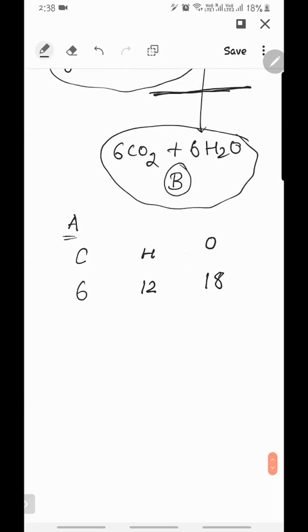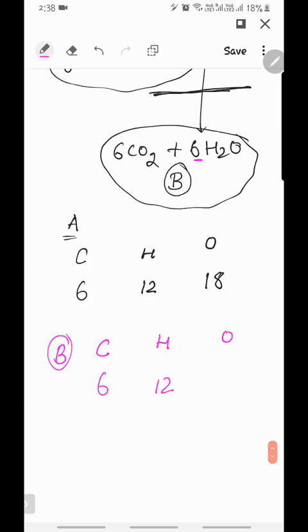Now at side B. Side B also has carbon, hydrogen, and oxygen, so we can write CHO. How many carbon is there in this? There are 6 carbon. How many hydrogen is there? 6 times 2, 12 hydrogen.